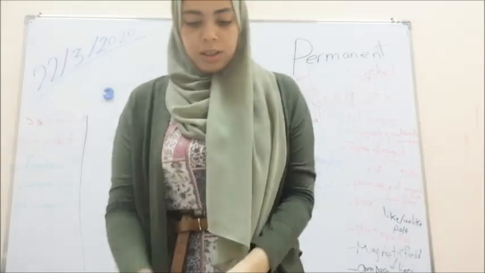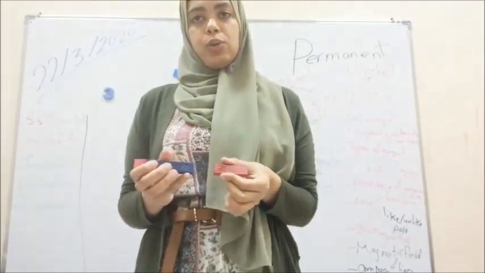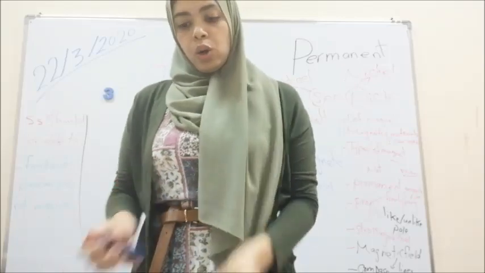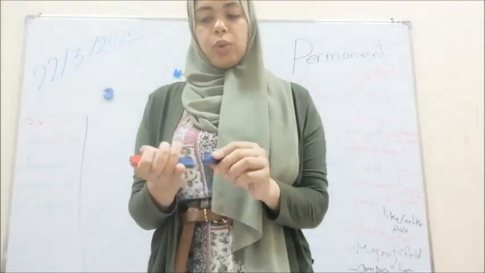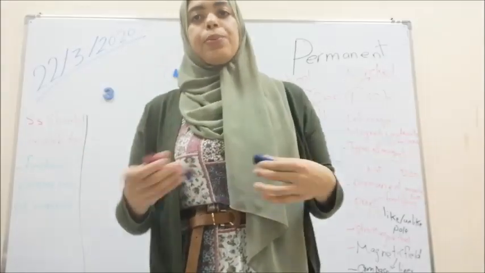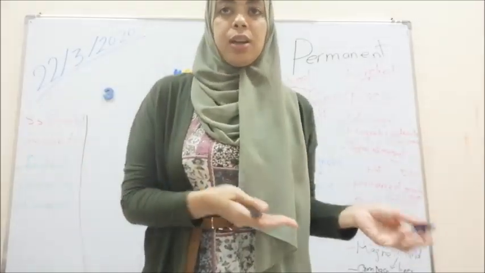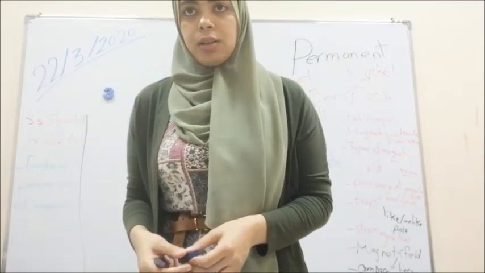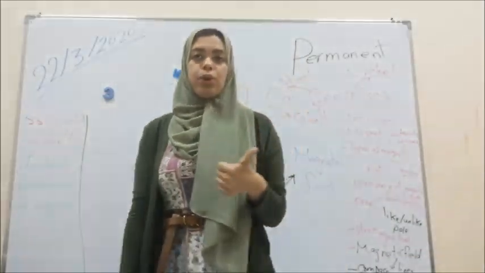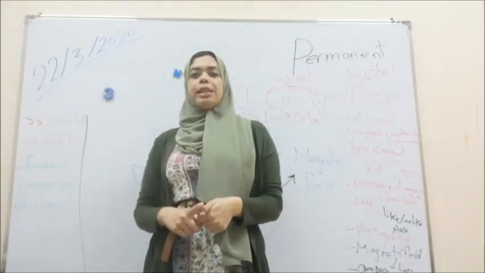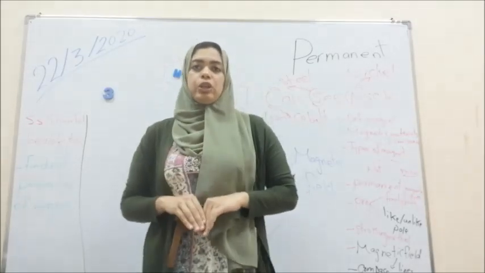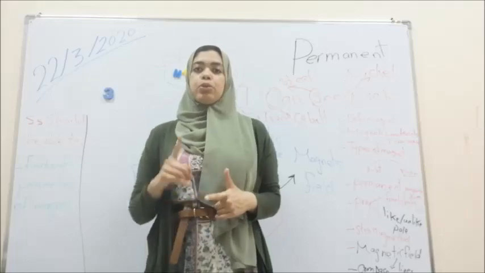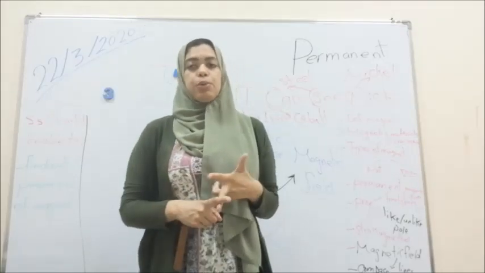So unlike poles, like N with S, attract, while like poles, S with S or N with N, are going to repel. Like poles repel, unlike poles attract. Okay, so number one is the property of the magnet: a freely hanging bar magnet is going to move in the north and south direction only. Number two, like poles repel, unlike poles attract.